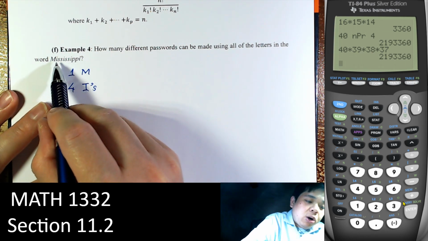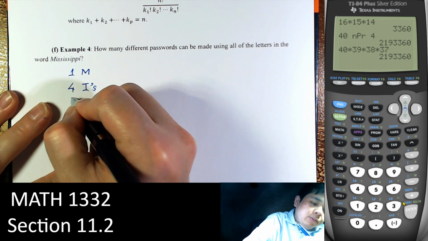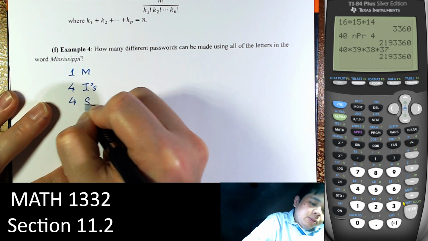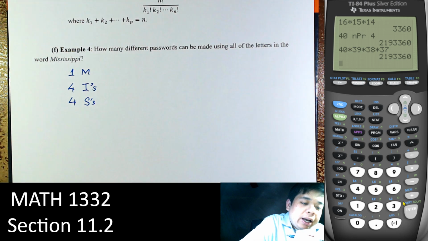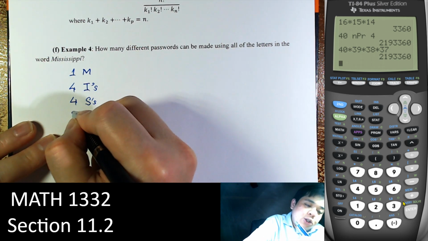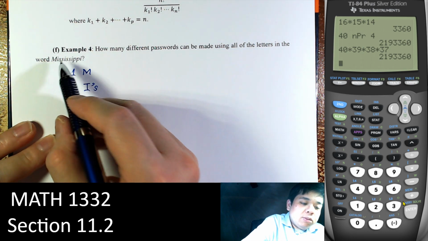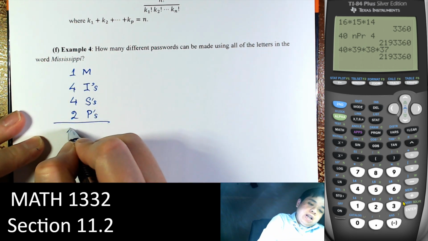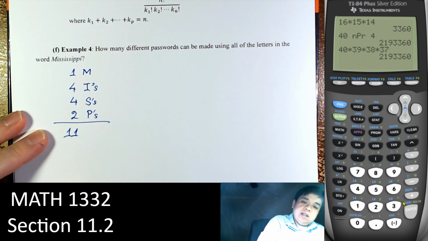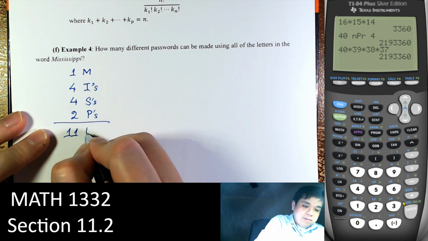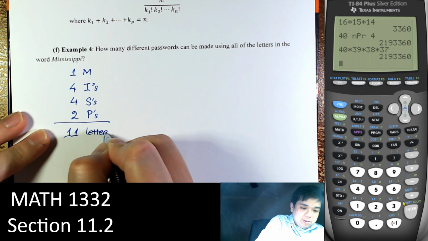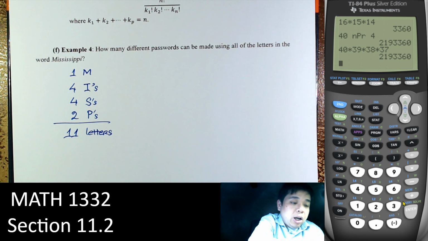How many S's? 1, 2, 3, 4. How many P's? 2 P's. Total, that's 11 letters. One M, 4 I's, 4 S's, and 2 P's.